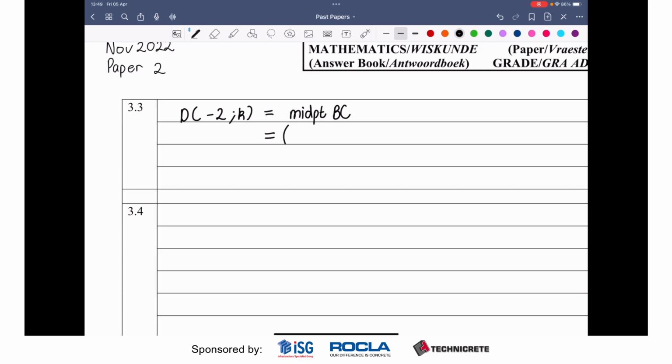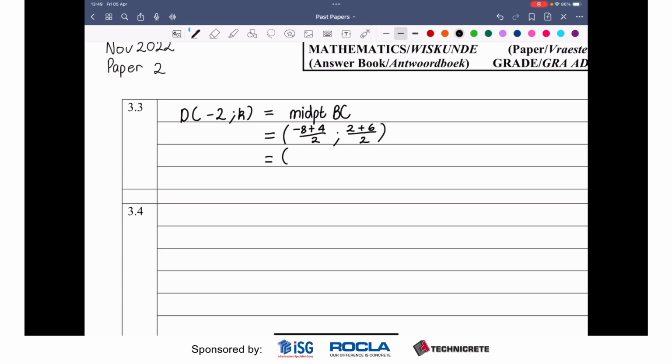And so for the x coordinate of the midpoint, I've got the x coordinate of B, which is negative 8, plus the x coordinate of C, which is 4, and that's going to be divided by 2. And then for the y coordinate of the midpoint, I have the y coordinate of B plus the y coordinate of C, also divided by 2.